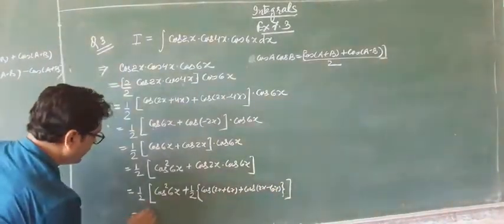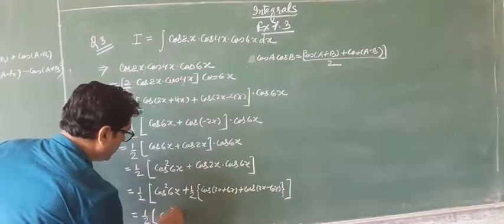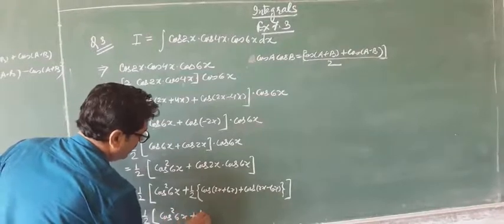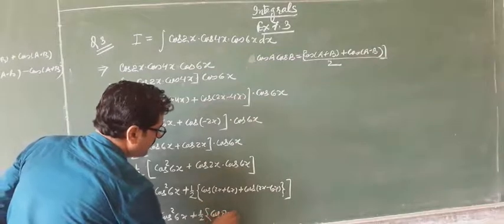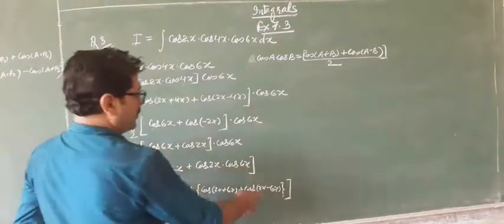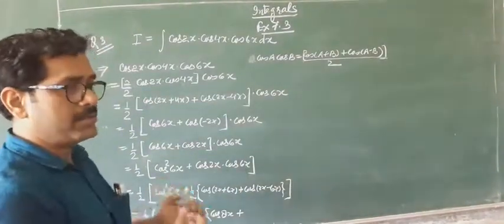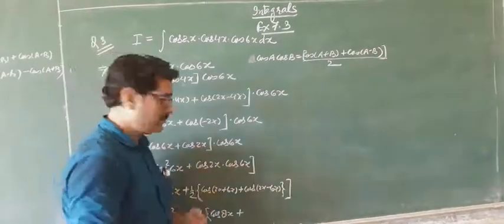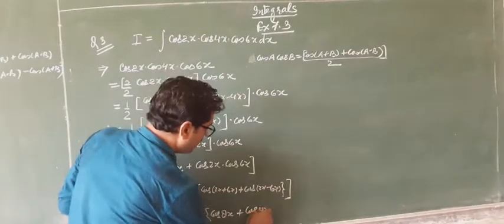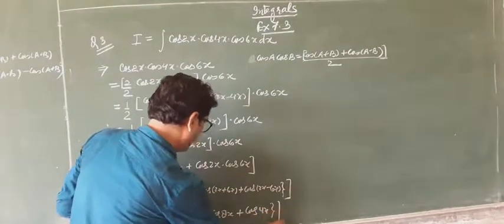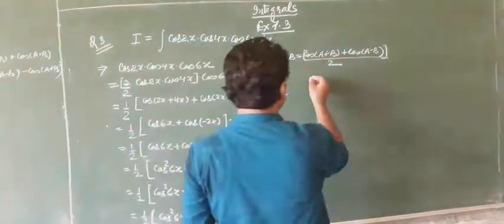So this is 1 by 2 cos square 6x plus 1 by 2, this is cos of 8x plus cos of 2x minus 6x, that is cos of minus 4x, and we know that cos minus theta is equal to cos theta. So we can write cos of minus 4x as cos 4x, and multiply it by 1 by 2.